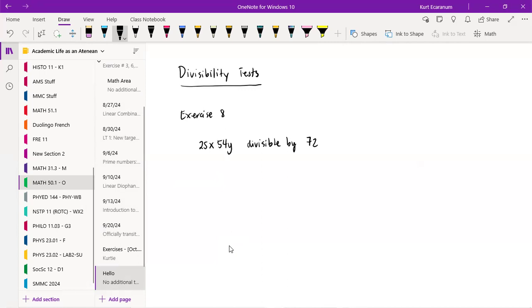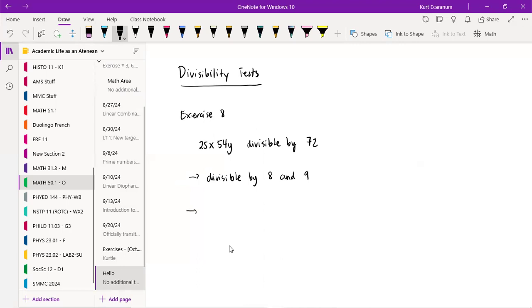So if this number is divisible by 72, then it is also, diba, divisible by 8 and 9. And I think mas magandang i-explore muna natin ang divisibility by 8 kasi it doesn't consider the x, it only considers the y.